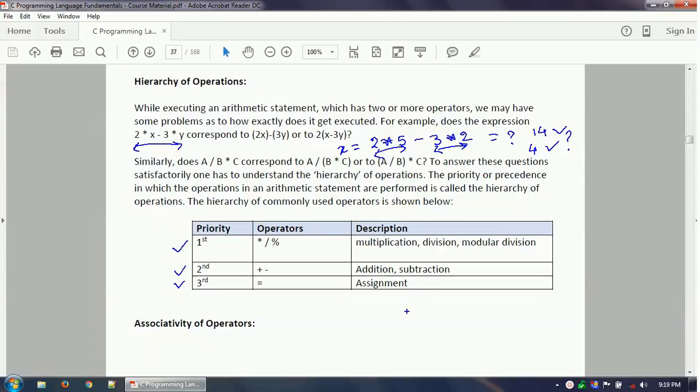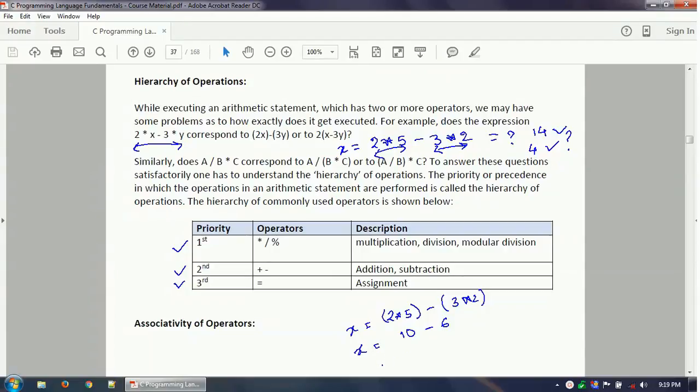The first 2 into 5 and then 3 into 2 will be evaluated. So it will give me 10, and it will give me 6, because multiplication has higher precedence over the subtraction operator.